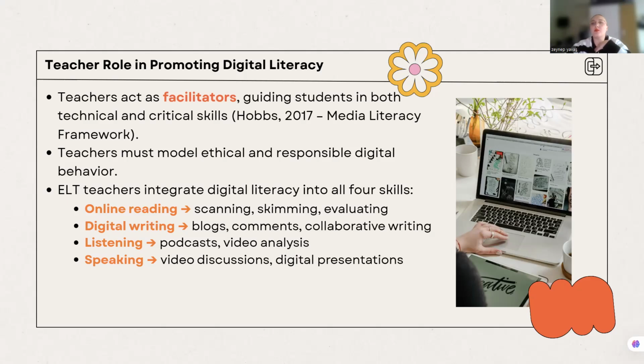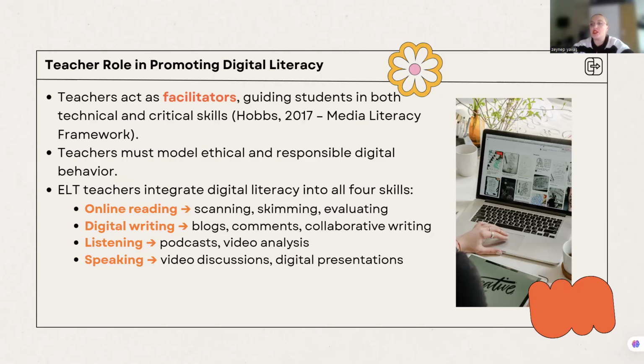And we also need to model ethical digital behavior, because students often imitate what they see, what we do. They copy us in terms of maybe using digital platforms and applications.